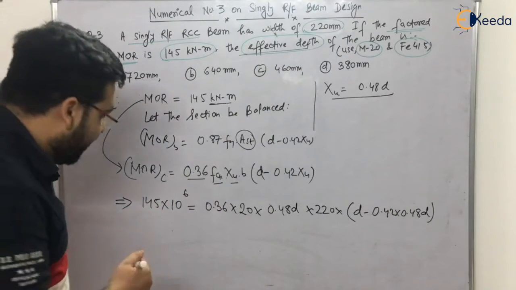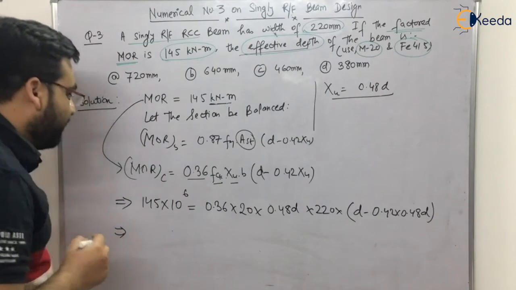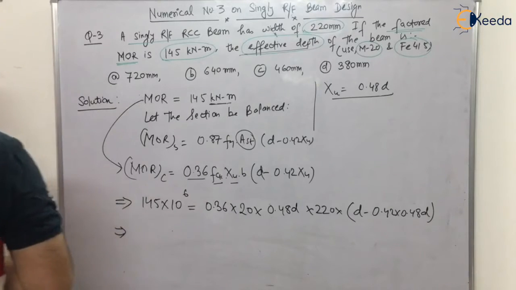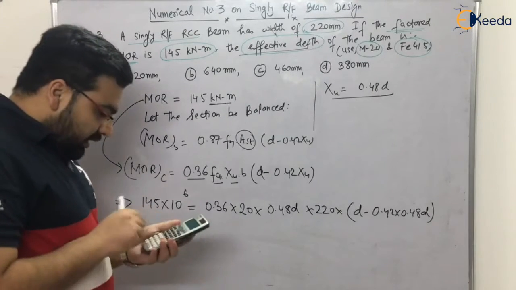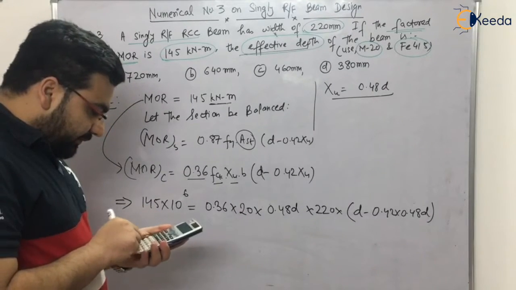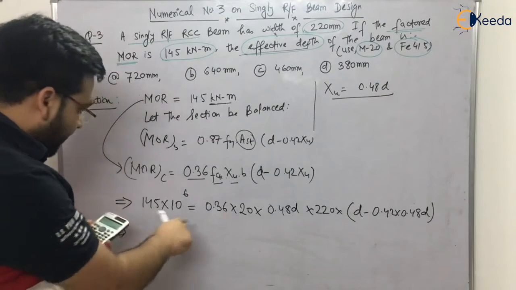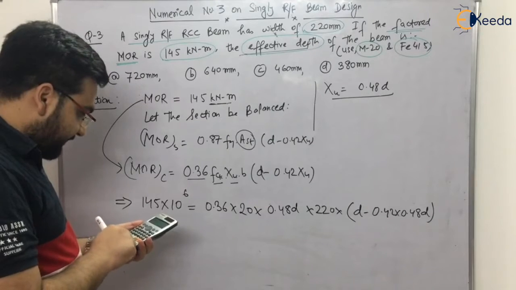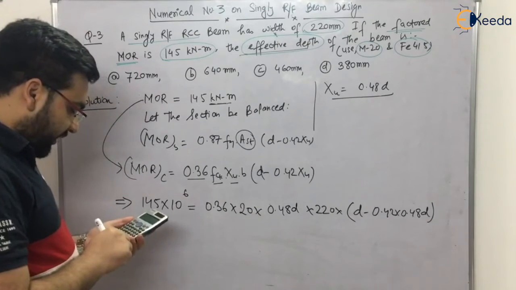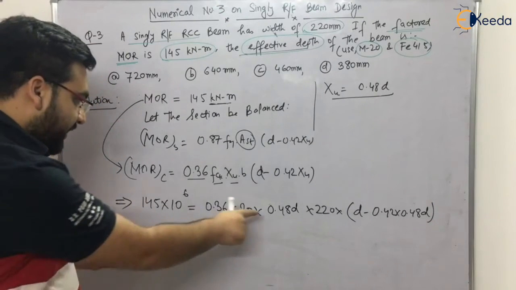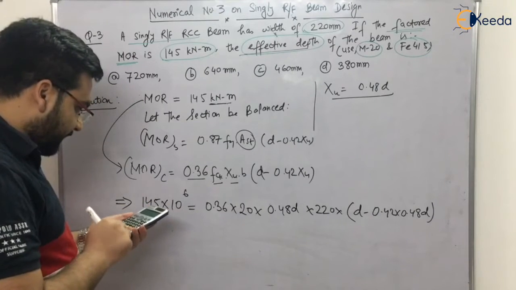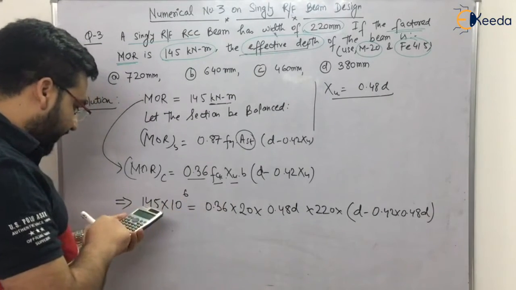I hope you have understood this. Let me solve it. So I will be getting 145 into 10 raised to power 6, divided by 0.36, divided by 20, divided by 0.48 and divided by 220.